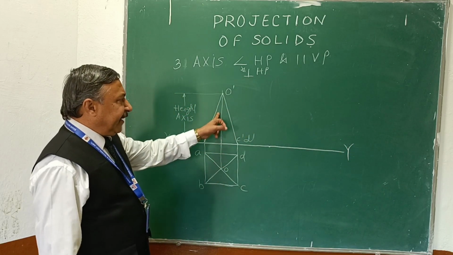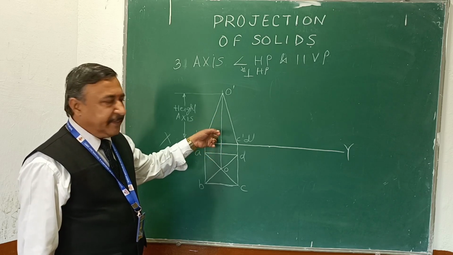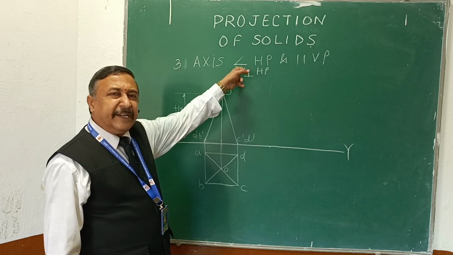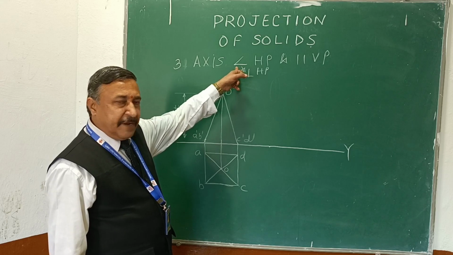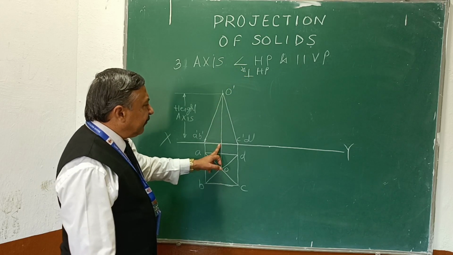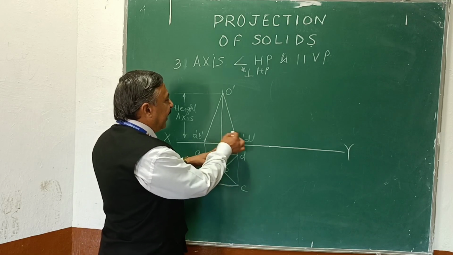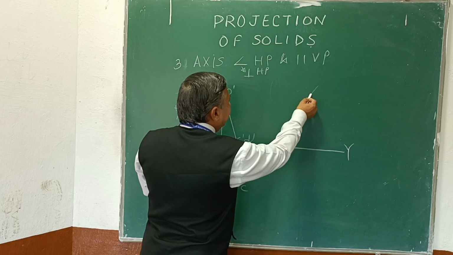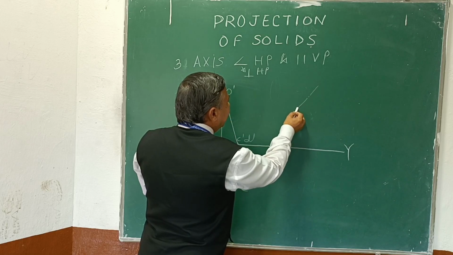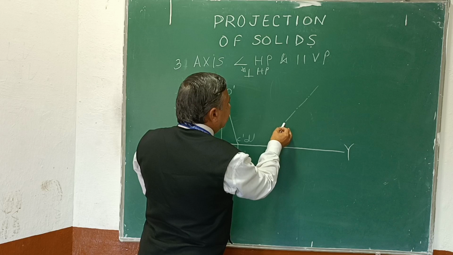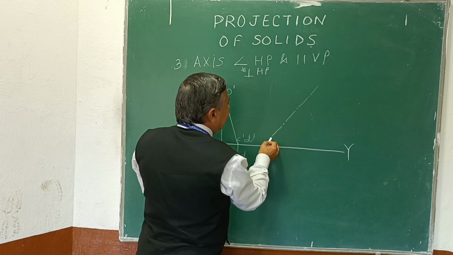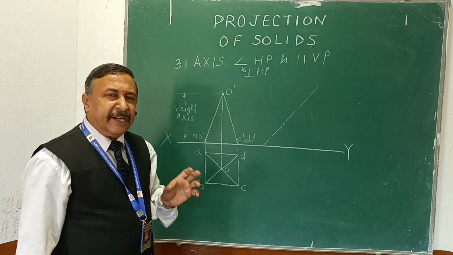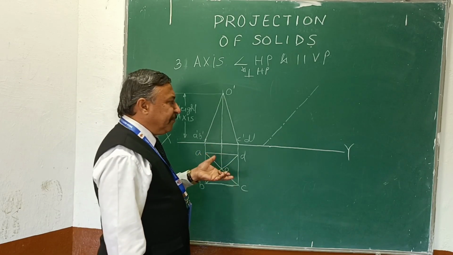See, this is axis perpendicular to HP. And we have to draw axis inclined to HP. So we have drawn here axis inclined to HP. Suppose first I have drawn the axis. Suppose this is the axis. And we take random data.